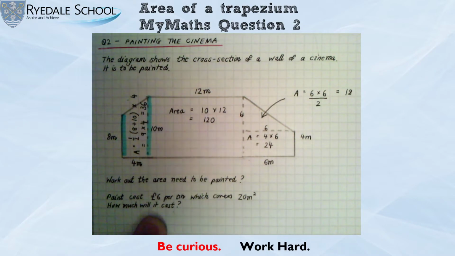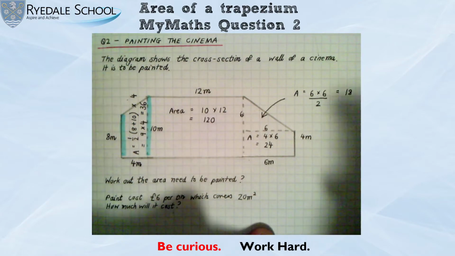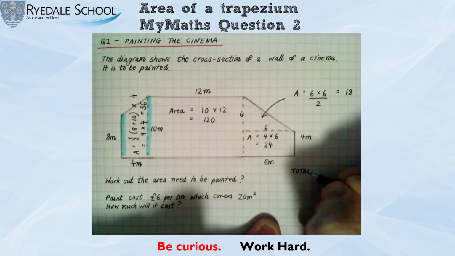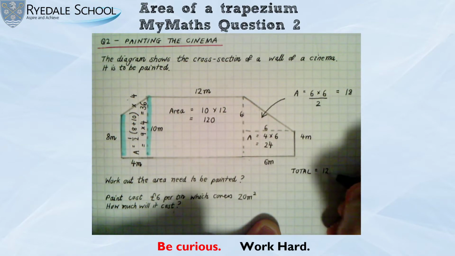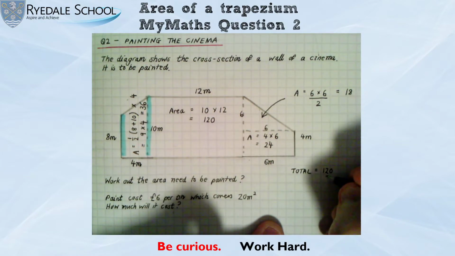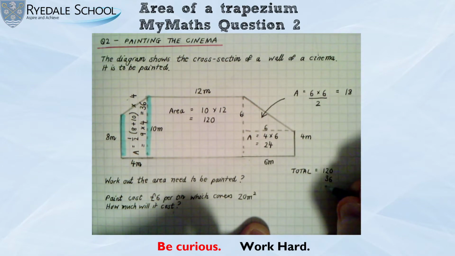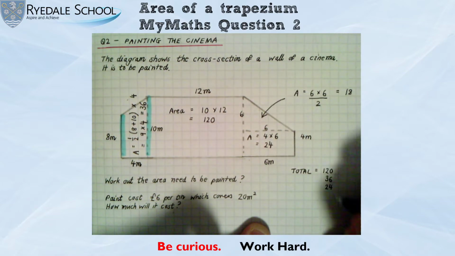So, I have all of my areas calculated. I'm in a position to work out the total. So, if I try and work out my total, if my maths doesn't let me down, I've got this rectangle that was 120. This trapezium was 36. This rectangle was 24. And this triangle at the top was 18.